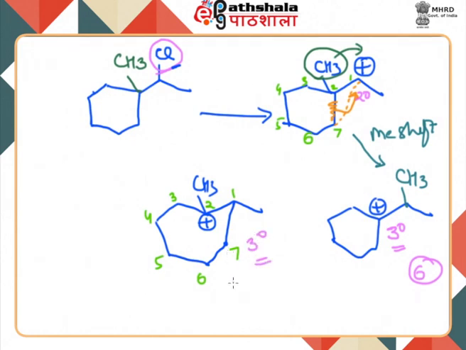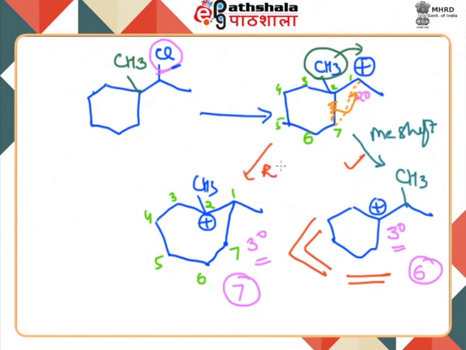But this tertiary carbocation is in a 7-membered cyclic ring, and obviously, out of 6 and 7-membered cyclic rings, you are aware that it is the 6-membered ring which is more stable. So that is why the molecule will take this route, that is, the rearrangement will happen in the direction of methyl shift and not this bigger alkyl shift.